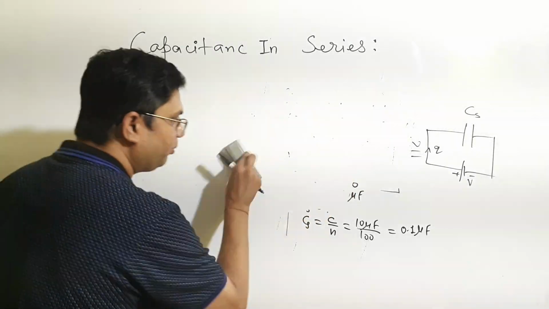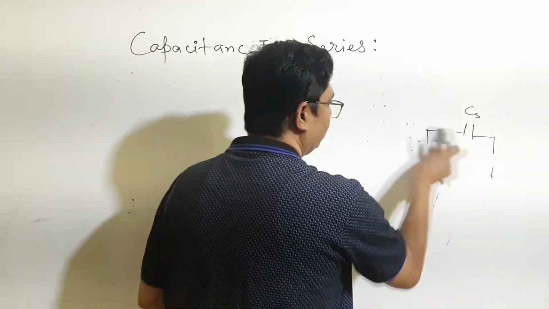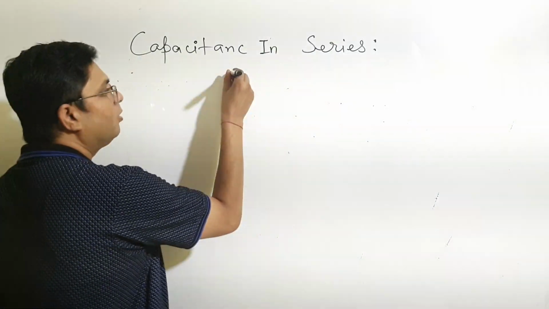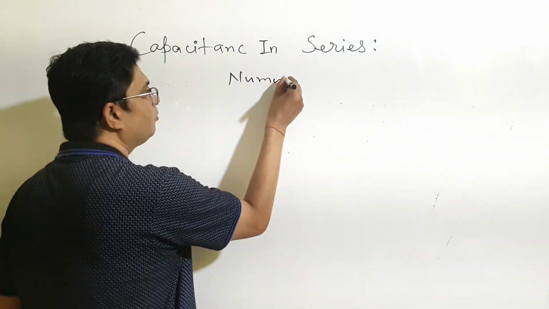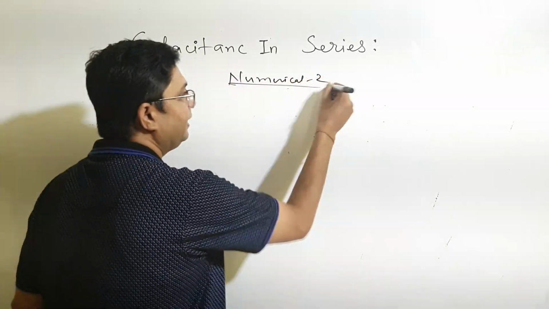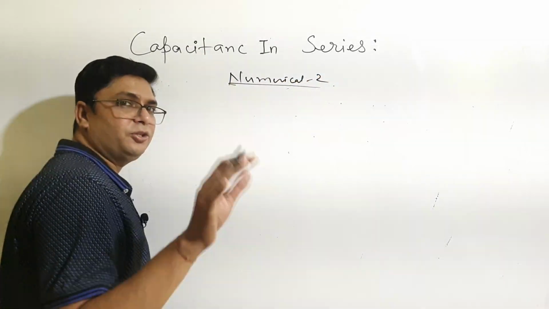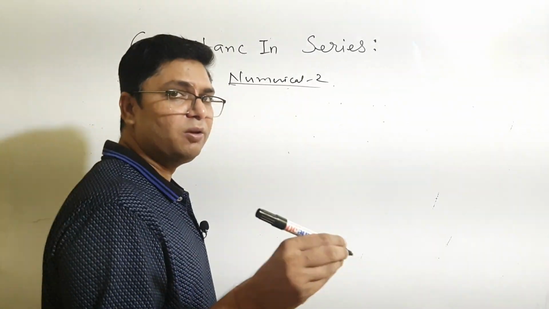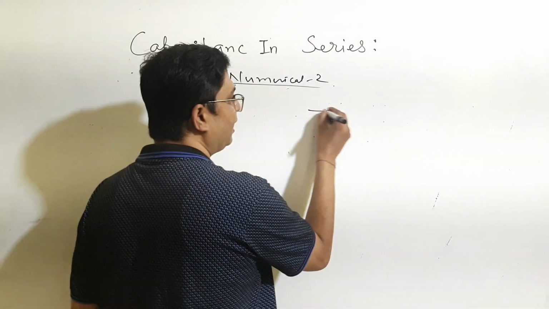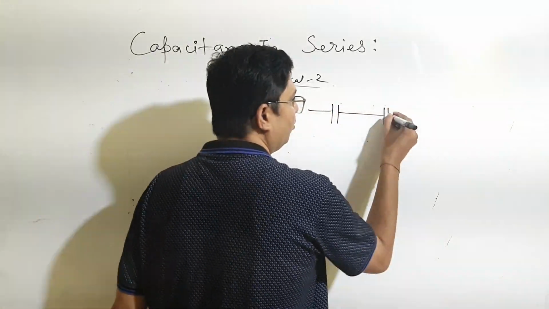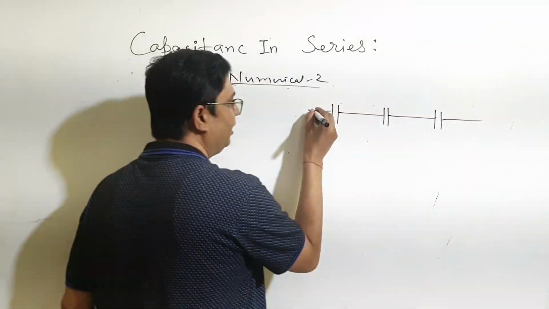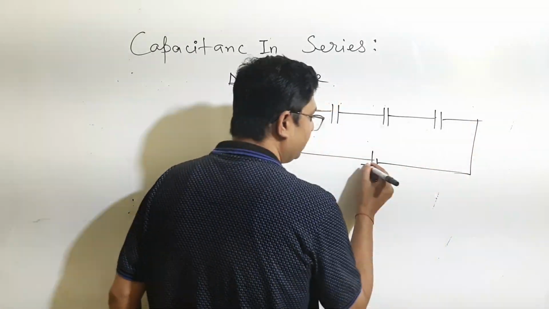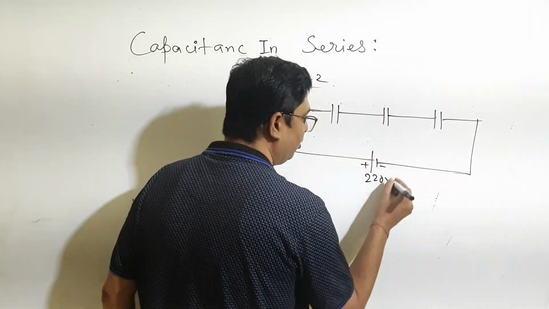Let us see another numerical. In this numerical number second, I am taking 3 capacitors of capacitance 1 microfarad, 2 microfarad, 3 microfarad, across a potential source. Let the potential be 220 volt applied.